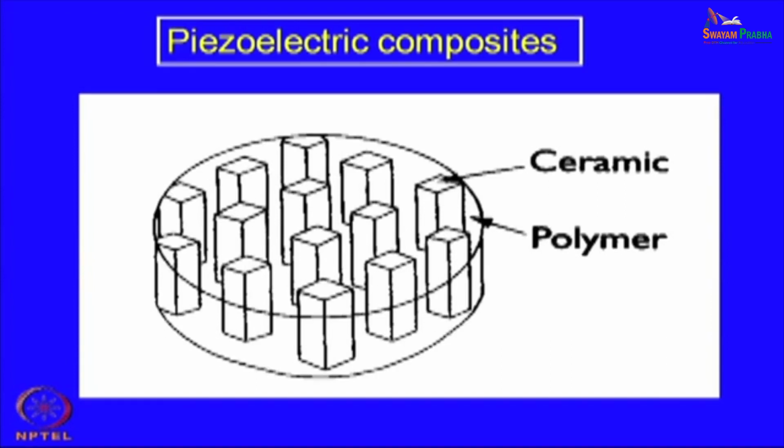So, one can have different connectivities and different composite materials. Ceramic polymer composites, in addition to pure ceramics, are a very important group of piezoelectric materials, and they have tremendous industrial applications. We will try to discuss a few of them in a few minutes. So, this is all about ceramic polymer composites.